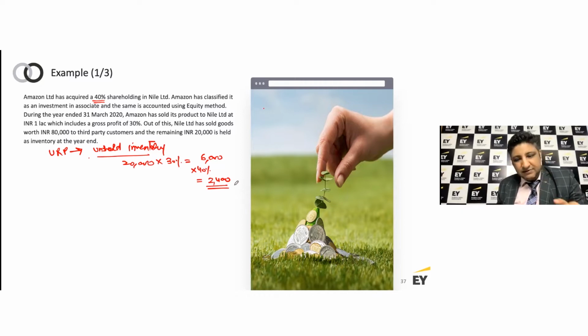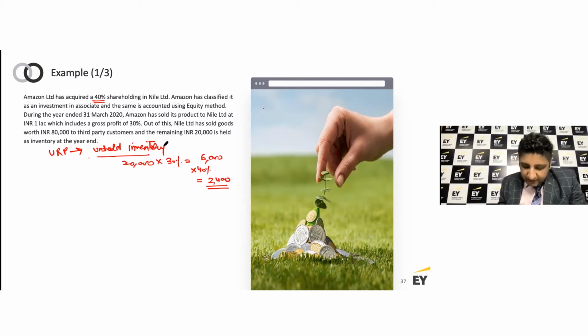Okay, that's the first step. It does not matter whether it's an upstream transaction or a downstream transaction, right? The calculation of unrealized profit would be the same in both the cases. So this is something that we have got. Now, importantly, what you want to understand is how does the accounting flow?